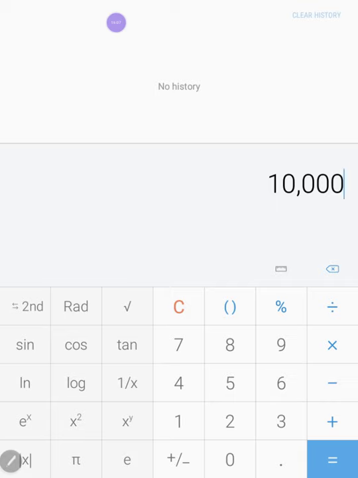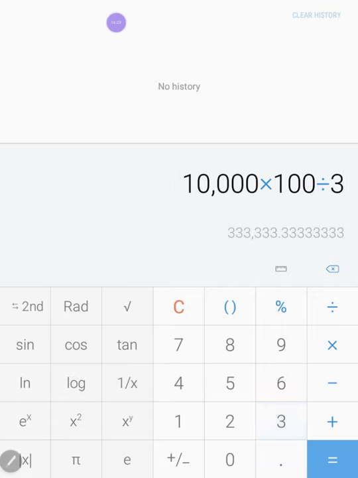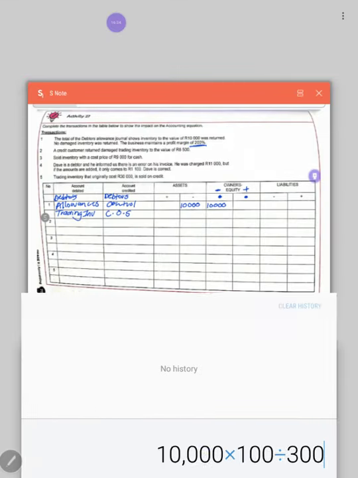Remember your formula for cost of sales equals selling price times 100 over 100 plus the markup. So times 100 divided by 300, because it was 100 plus the markup of 200, so our cost of sales is going to be 3,333.